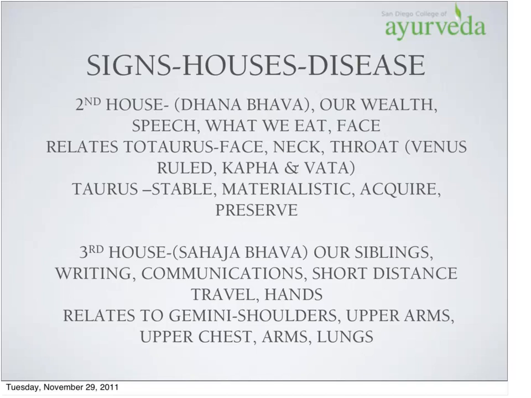The sign of Taurus is an earth sign, and so Taurians are concerned with stability and acquiring. They're concerned with preserving things. And so the sign of Taurus will also be concerned with accumulation.